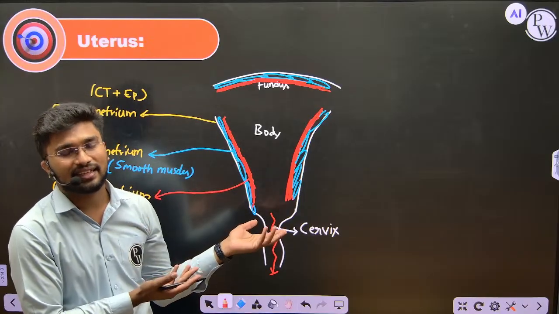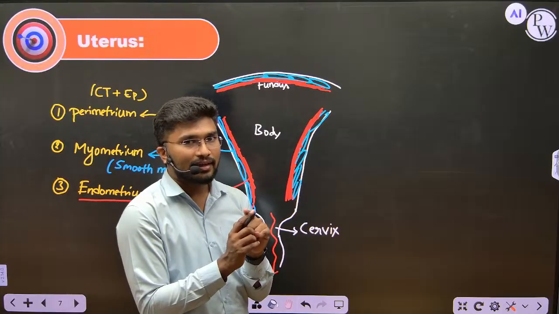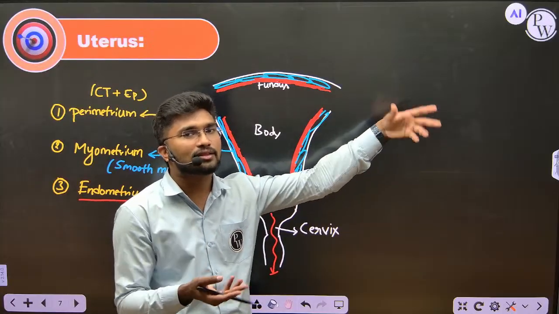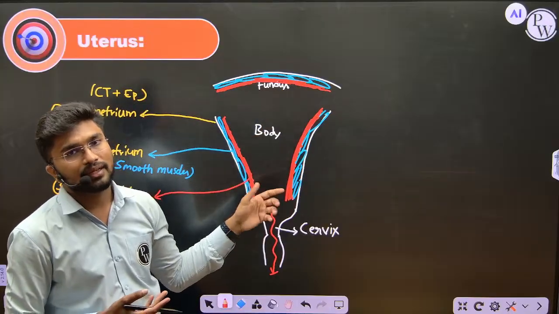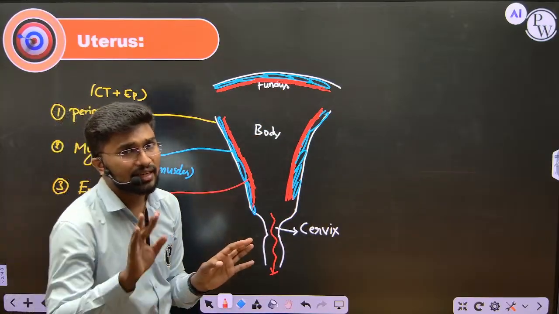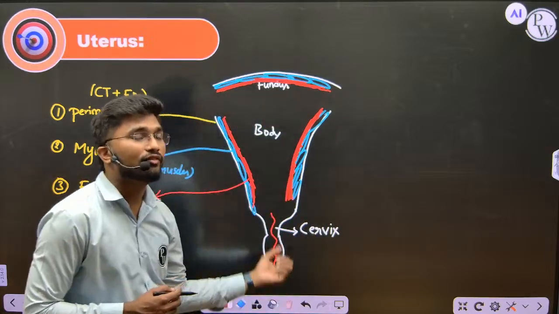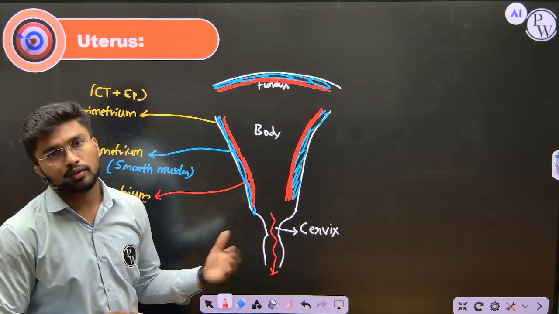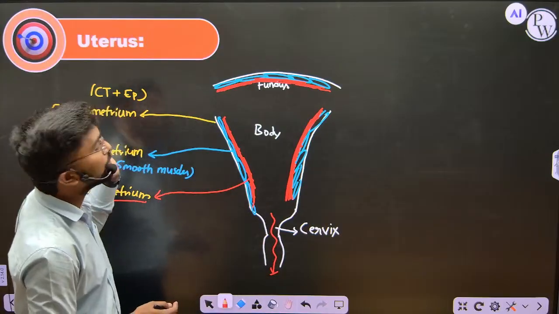If fertilization does not take place, the gamete is released, but the sperm is not meeting it, which leads to shedding of the endometrium. We will study it in detail in the menstrual cycle. Whenever progesterone levels are low, this endometrium layer will shed off and come outside through the vaginal canal. Clear with this? So that is about the uterus.